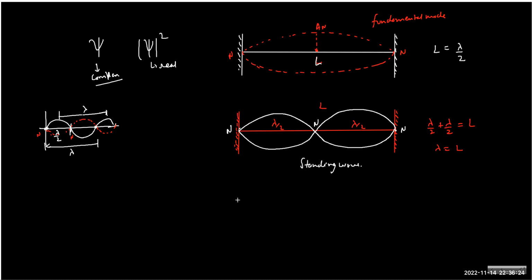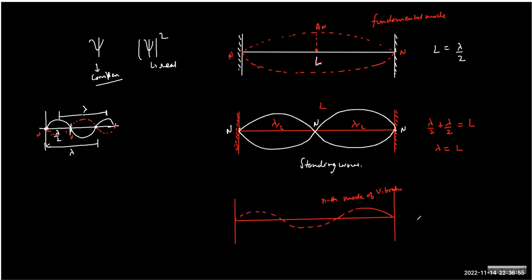Now, if I vibrate a string in general nth mode, what happens? How many such loops will we form, guys? In the nth mode of vibration, you will see n loops, because the first mode has one loop, the second has two, the third has three, the fourth has four.